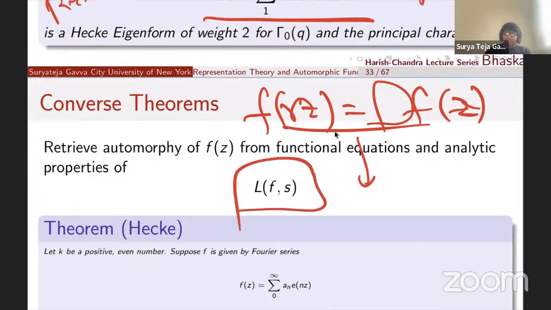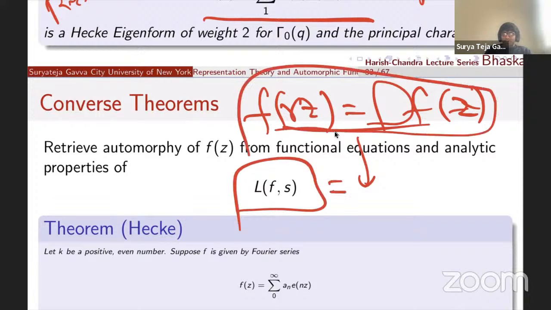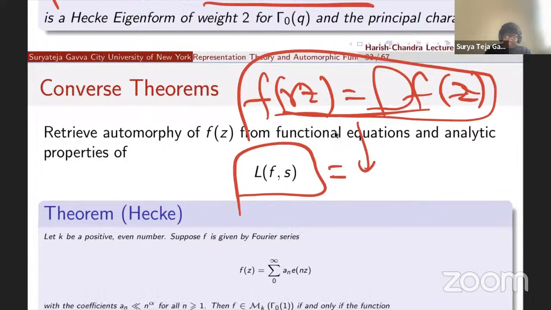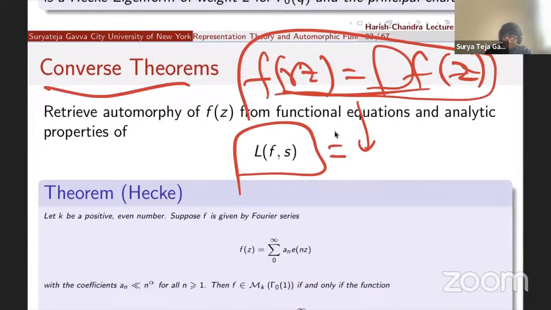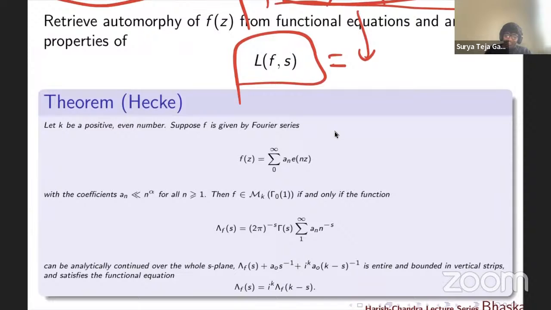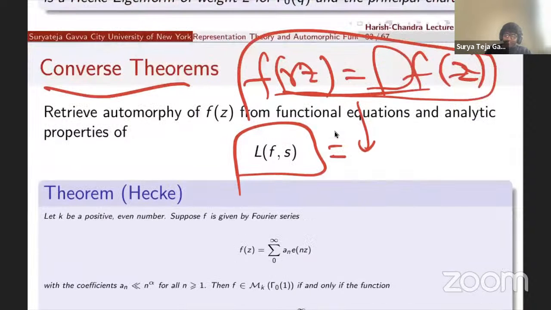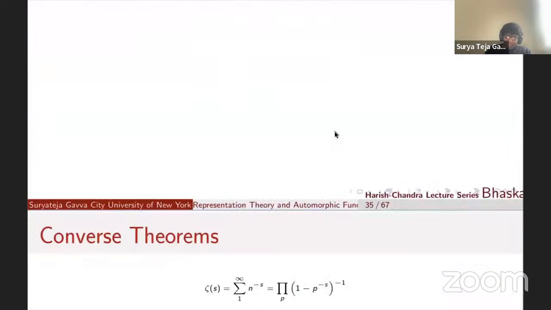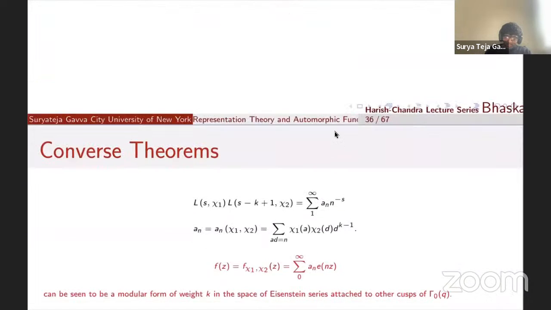The L function is some kind of transform of F, and the automorphic relations correspond to some relations on the L function side, and sometimes it's easy to establish those relations and then go back. These are called converse theorems. Once you establish that the L functions themselves have some nice properties, you can prove that F itself is a modular form.